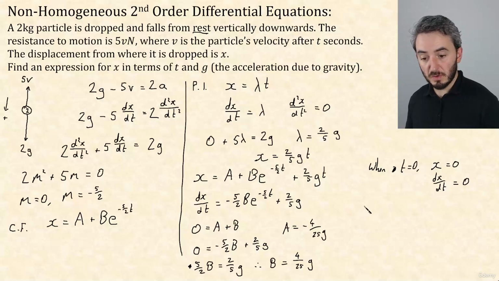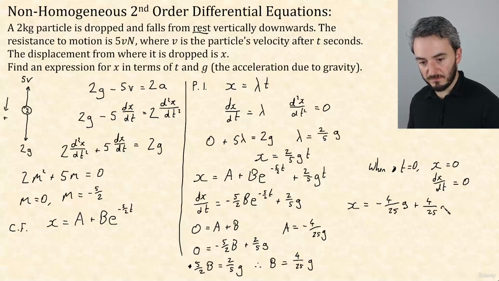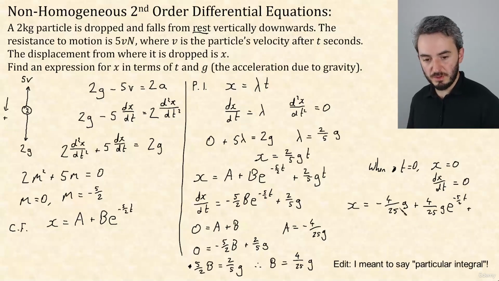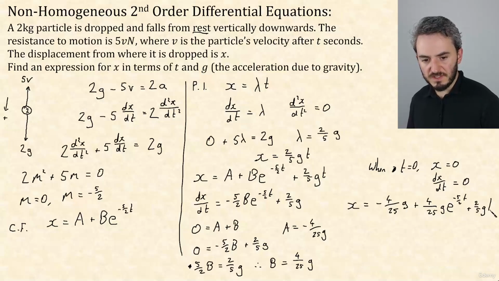So the particular solution to the whole thing is x equals A, which is minus 4/25 g, plus B, which is 4/25 g e to the minus 5/2 t, and plus our particular integral, which was 2/5 gt. Now, this supposedly models the distance from wherever they'll drop from.